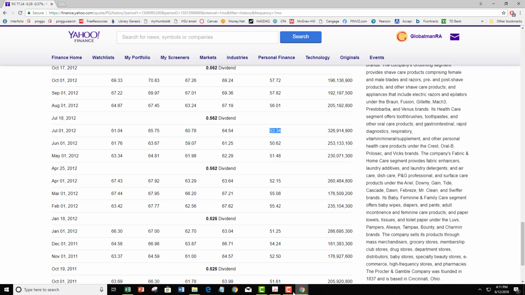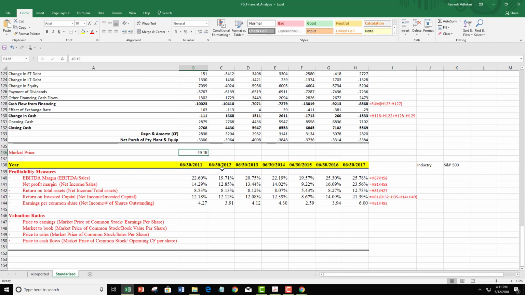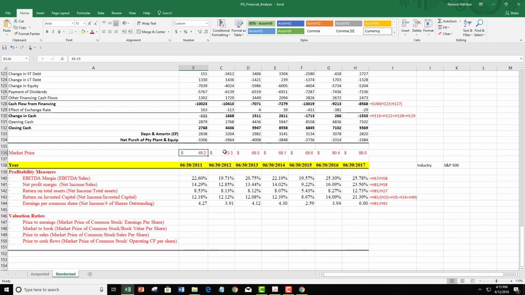I'm going to take that to my Excel file and copy it. Similarly you can do this for all the rest of the years. Now I have the historical price of the stock of Procter & Gamble for all the years that I am looking at.